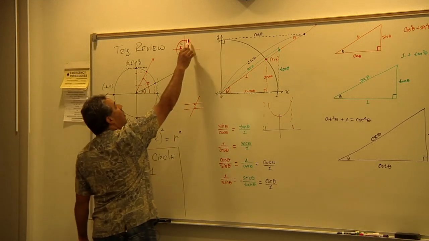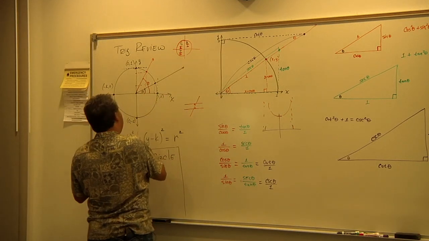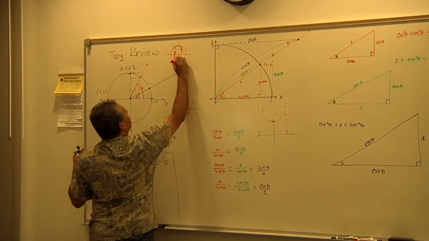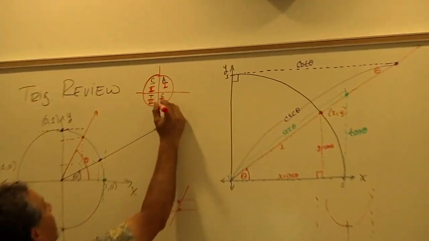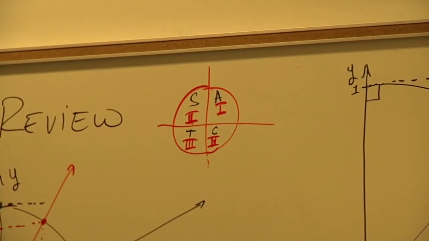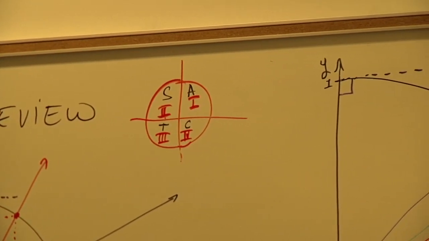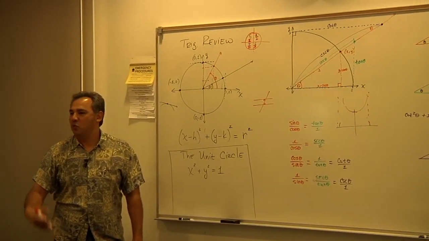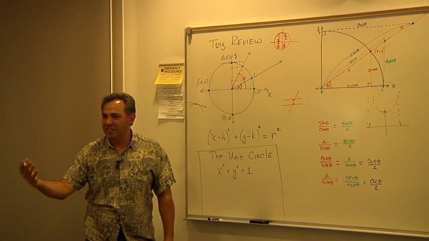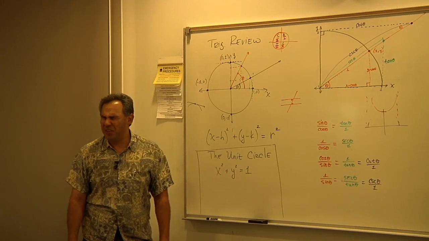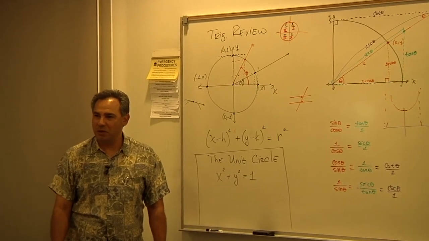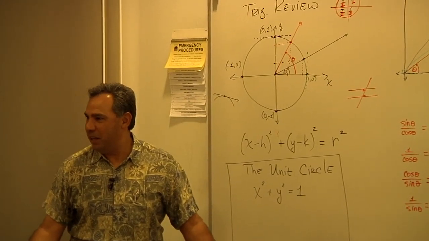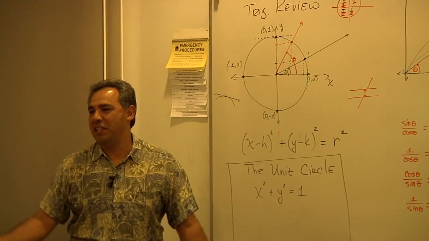Okay, so we said all students take, and then what was the last one? Calculus. And that's quadrant 4. So what did the C stand for? Cosine, right? Okay, so what is it really saying? Why is cosine positive in quadrant 4? Because x is positive, right? Yeah, of course, so cosine's positive. But that's all it told you.